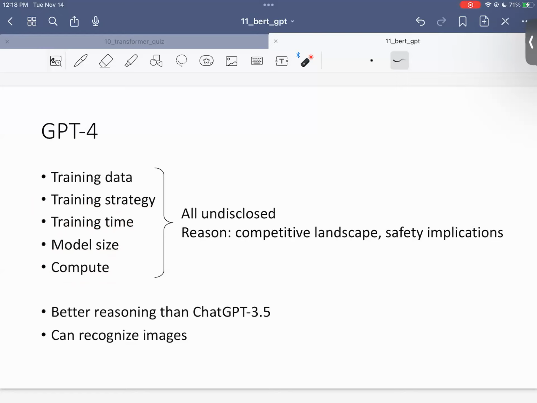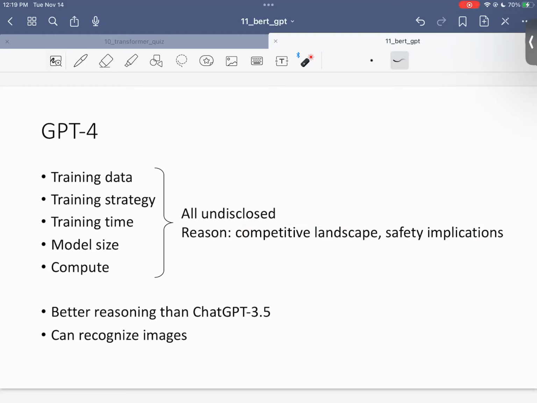The reason behind that is the competitive landscape, because there's Google, Claude, Anthropic, and a bunch of different companies catching up with GPT, ChatGPT, and GPT-4. OpenAI is collaborating with Microsoft, and Microsoft needs to make money. So because of the competitive landscape, they could no longer fully disclose their business strategy. And also there were safety implications, but this is probably the number 1 reason.